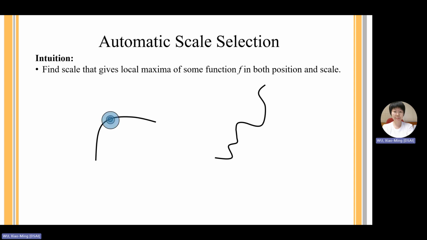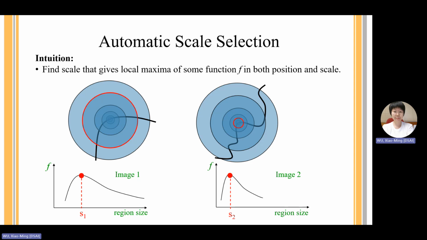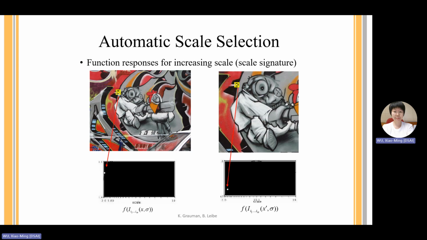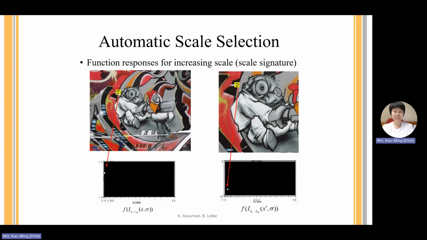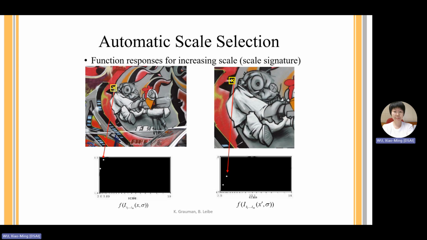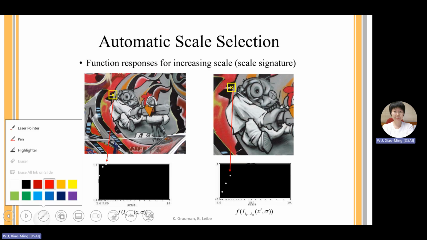Okay, so the idea is just to look at the scale space, applying windows of varying sizes. In this example, we increase the window size, and we increase the window size again.